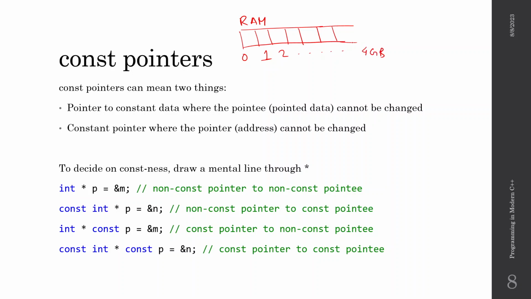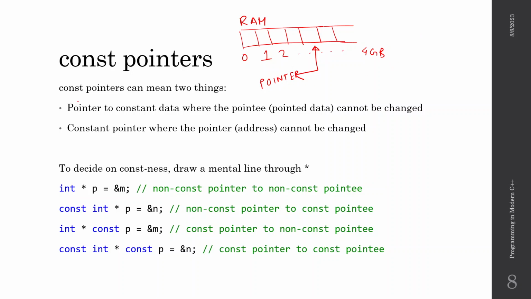So it is a sequential memory, and a pointer is a variable which points to a location in this RAM. You can think of it like when you share your location on WhatsApp or something.